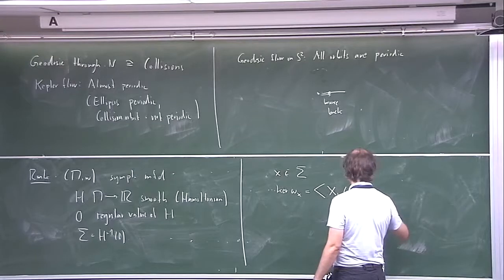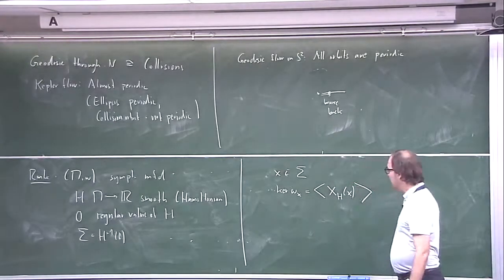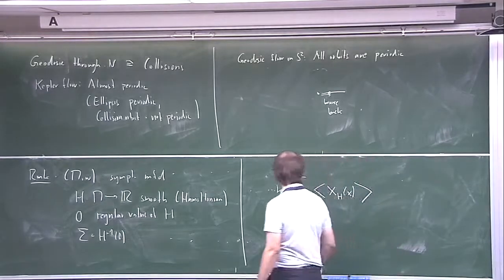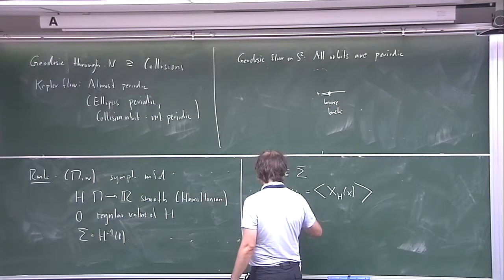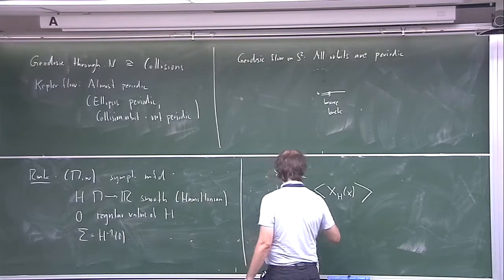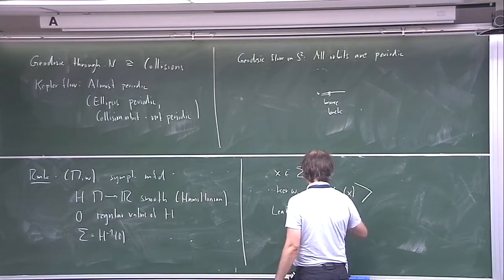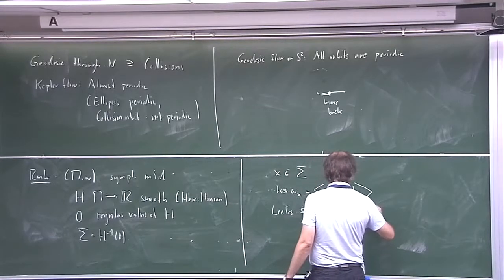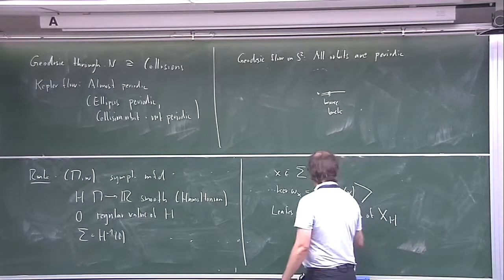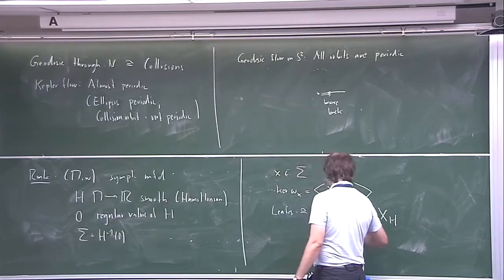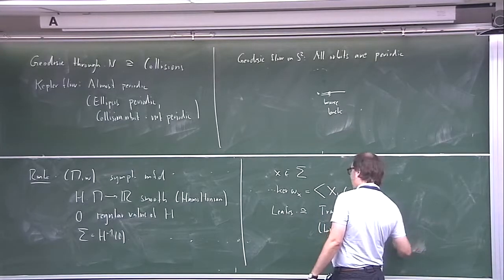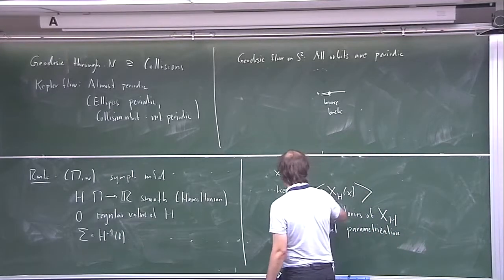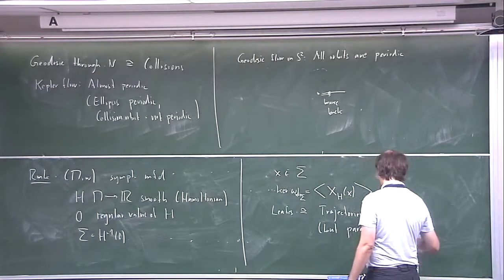That's the one-dimensional subspace spanned by it, and the leaves correspond to trajectories of X_H, but the parametrization is forgotten. This is omega restricted to sigma.